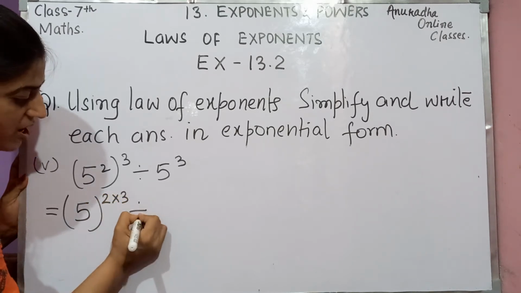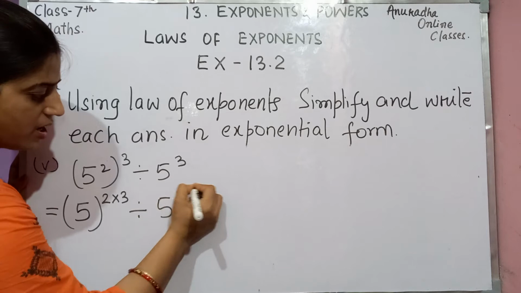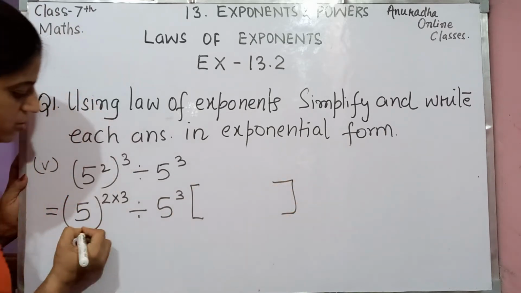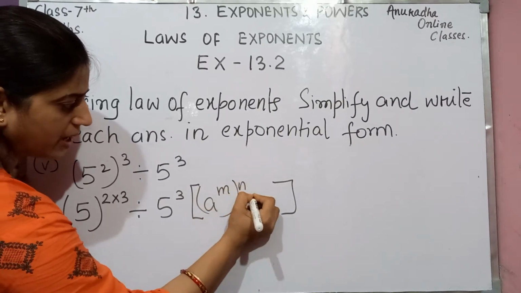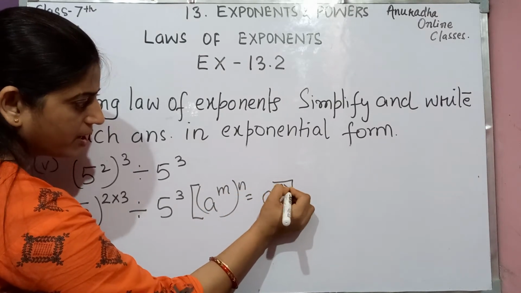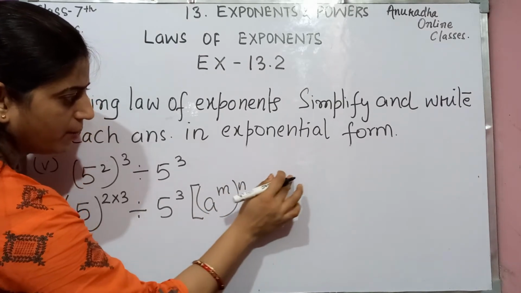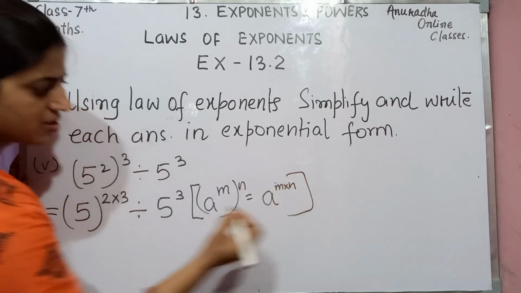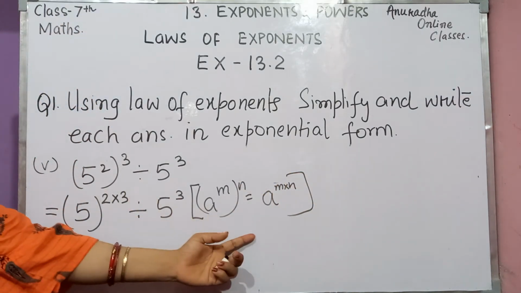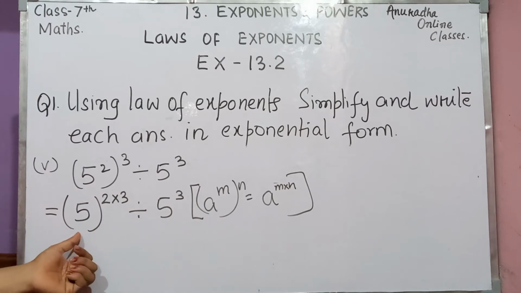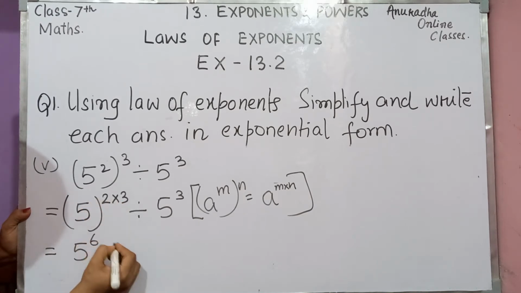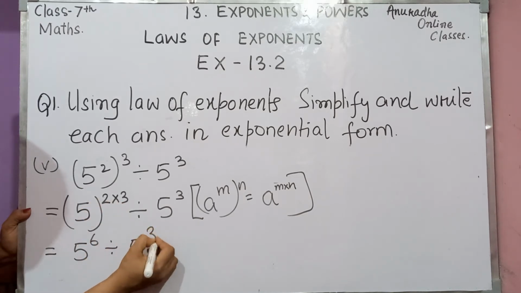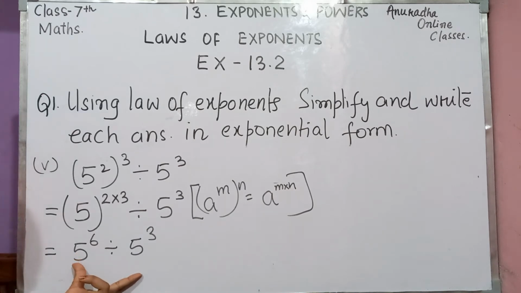You have to write in the bracket which identity you have used: a raised to the power m and whole raised to the power n is equal to a raised to the power m into n. Now after this, the answer is 5 raised to the power 6 divided by 5 raised to the power 3. Now again, which identity?